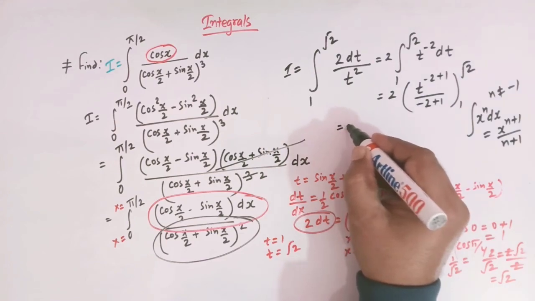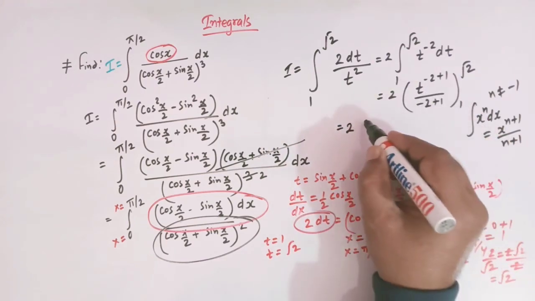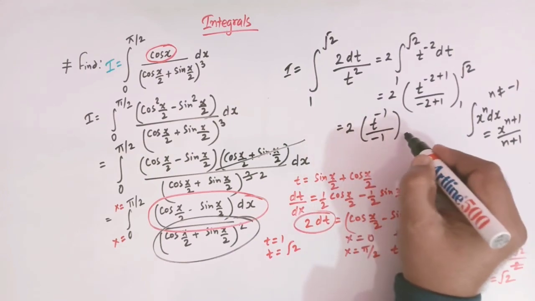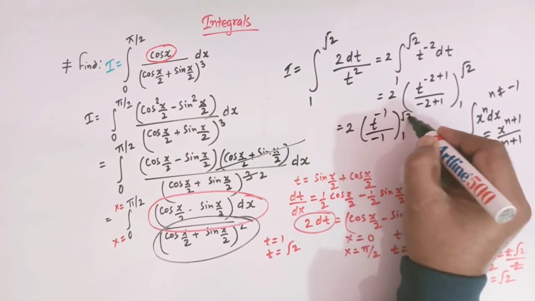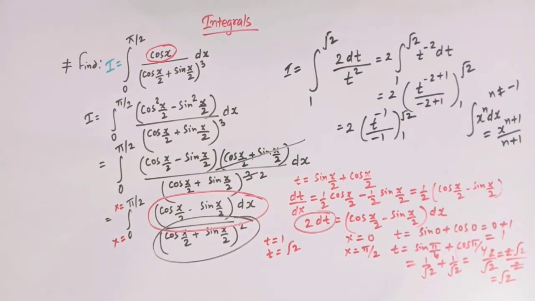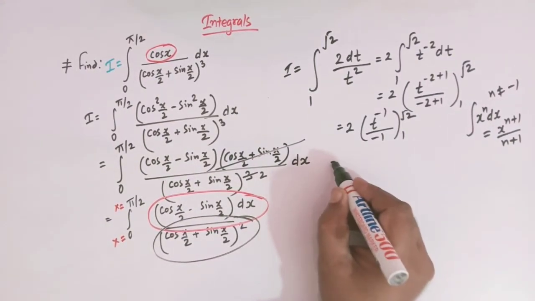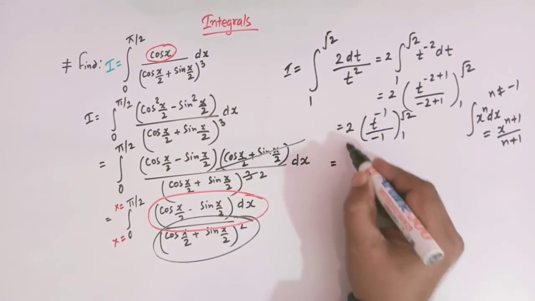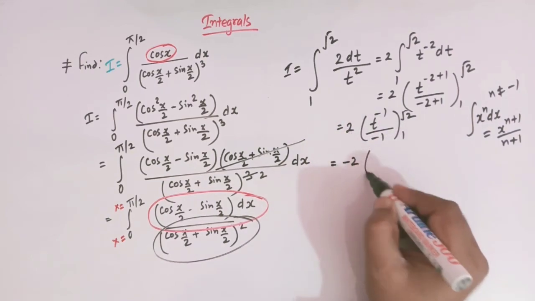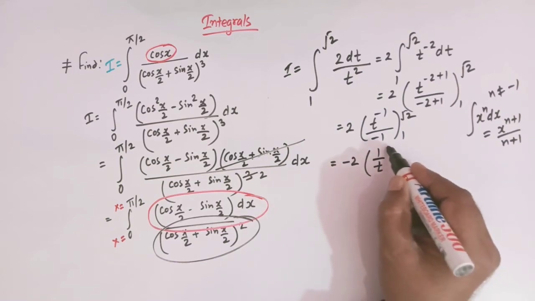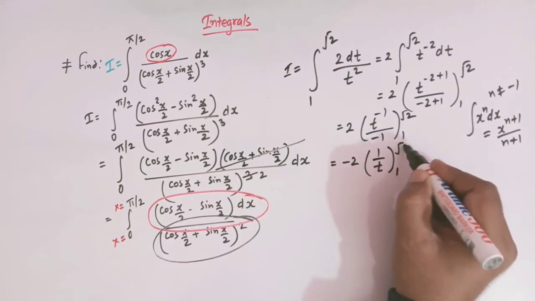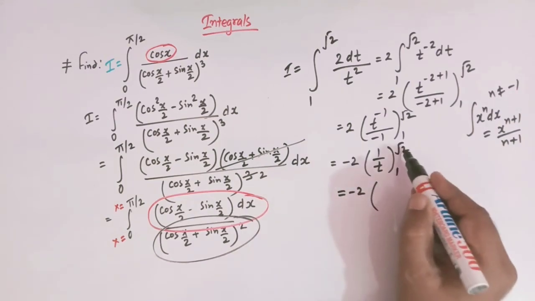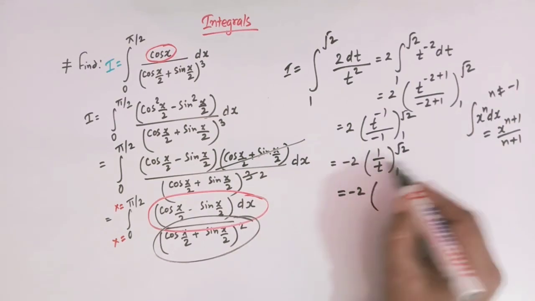So now we have 2 here, and we have t raised to minus 1 over minus 1, from 1 to square root of 2, right? So now we can simplify it. We can take this negative sign outside. So we have minus 2 times 1 over t, and the limits are from 1 to square root of 2, right? So now we'll substitute the limits and take the difference.